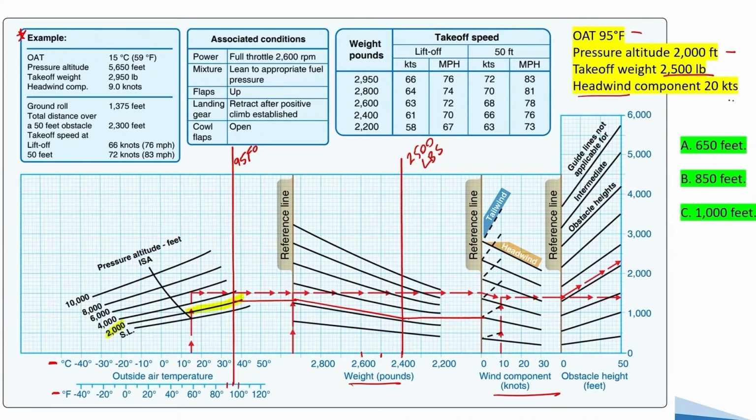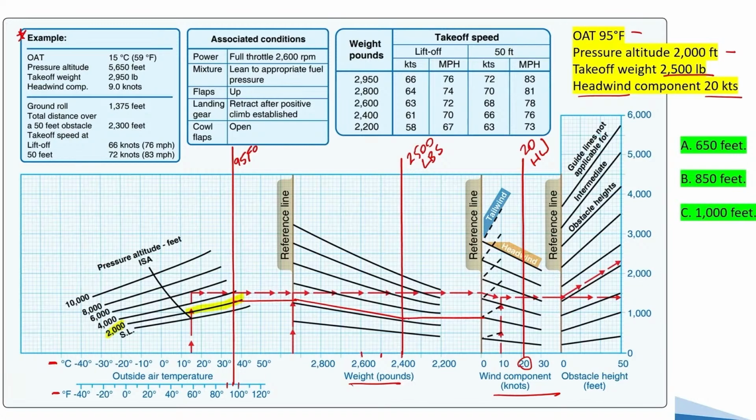In this case, I have a headwind of 20 knots. So here's 20 knots right here, and I'm going to draw a line straight through that so we can look at it clearly. From this point, I'm pretty much right on that headwind line. The dashed line is the tailwind, so I'm not going to follow it up; I'm actually going to follow it down.